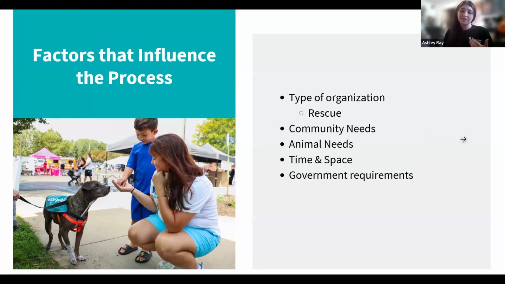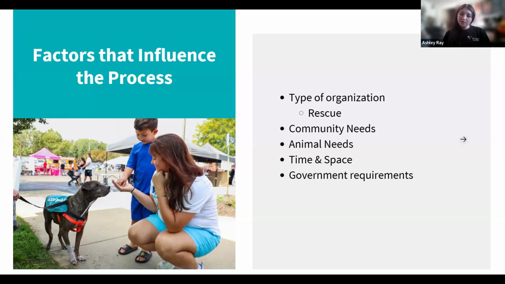Rescues, I know there's sometimes confusion between what's a shelter and what's a rescue. Generally speaking, shelters are larger organizations and rescues are smaller. Sometimes rescues are handled fully on fosters, people that are just working out of their own hearts and home, and they need to make sure that these animals who they fostered for a while are going into a specific home.